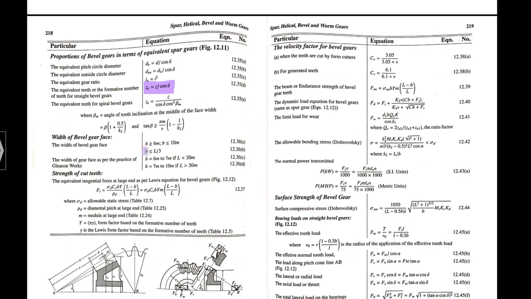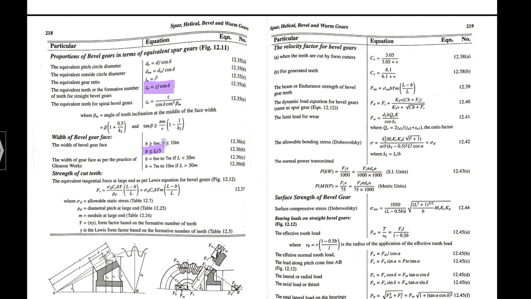It should be that b is less than or equal to L by 3. So if you consider b equal to L by 3, then L will be equal to 3b. Like that, you have to substitute here. Ultimately the b will get cancelled. Or the other way, if you substitute in terms of L, no issue, b equal to L by 3, then also L will get cancelled out.